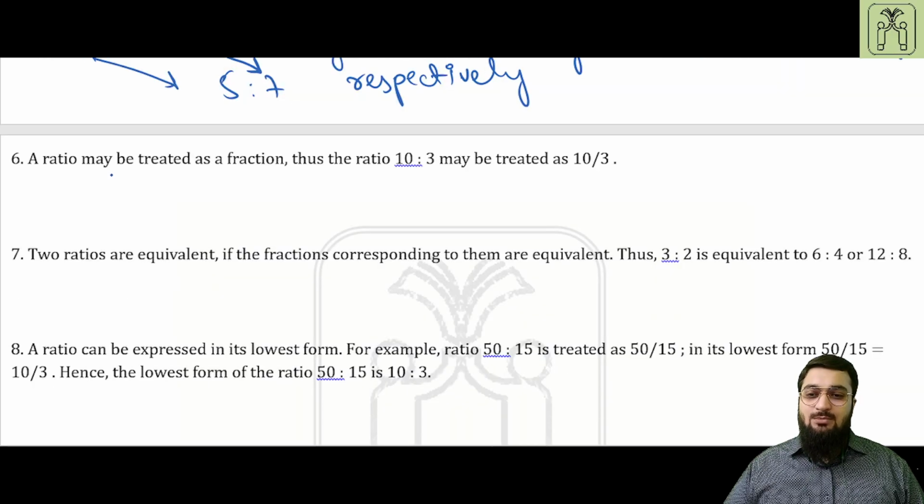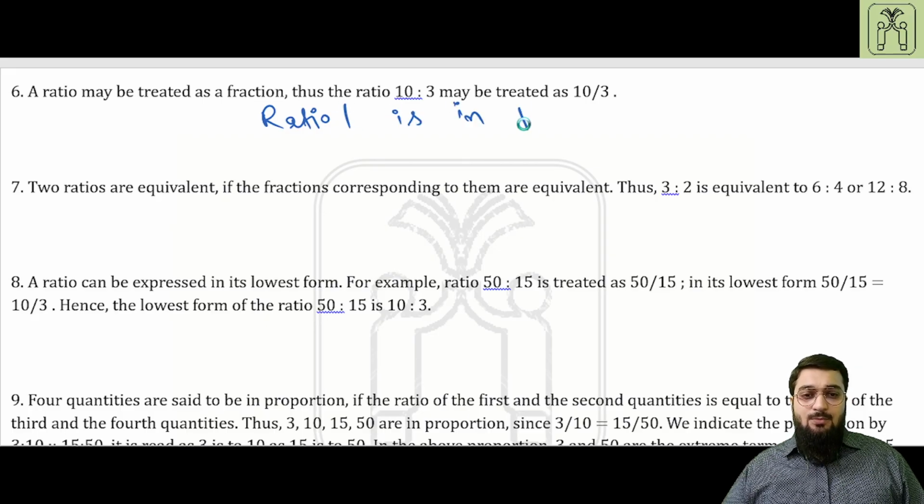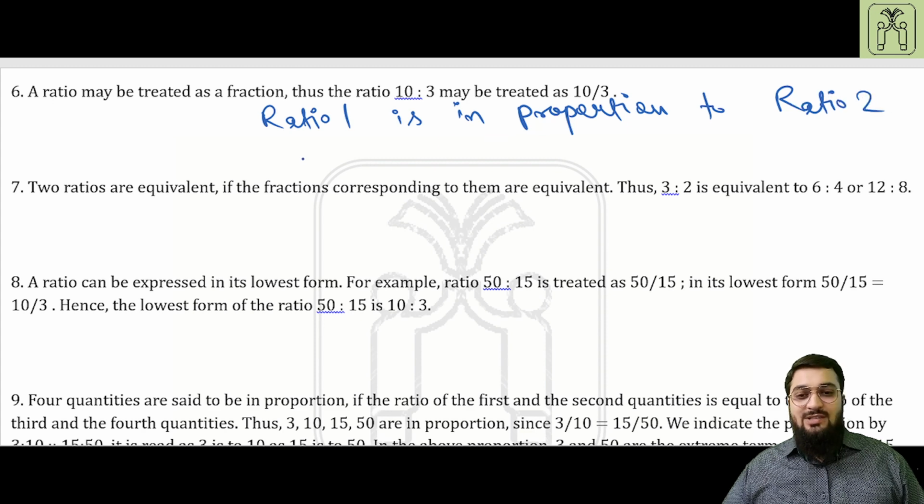Coming to point number 6. A ratio may be treated as a fraction, thus the ratio 10 is to 3 may be treated as 10 upon 3. That is what we learn in the proportion part, that when we say that ratio 1 is in proportion to ratio 2, what does this actually mean?